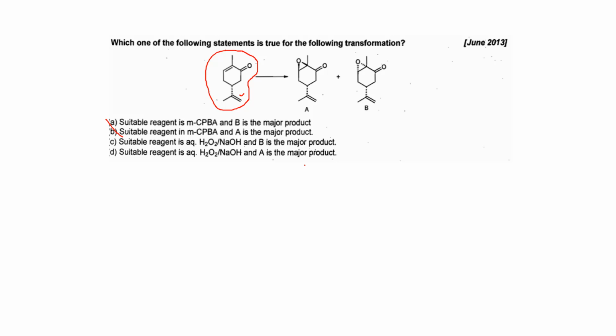We know that the epoxidation reaction is going through this hydrogen peroxide. Due to the presence of an OH group, this can form hydrogen bonding.